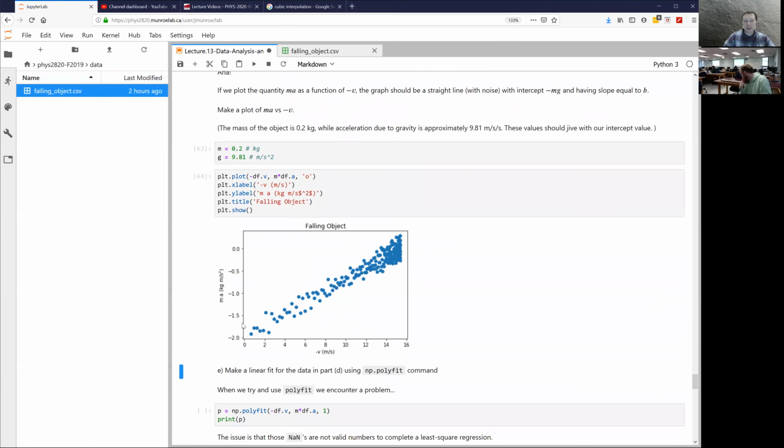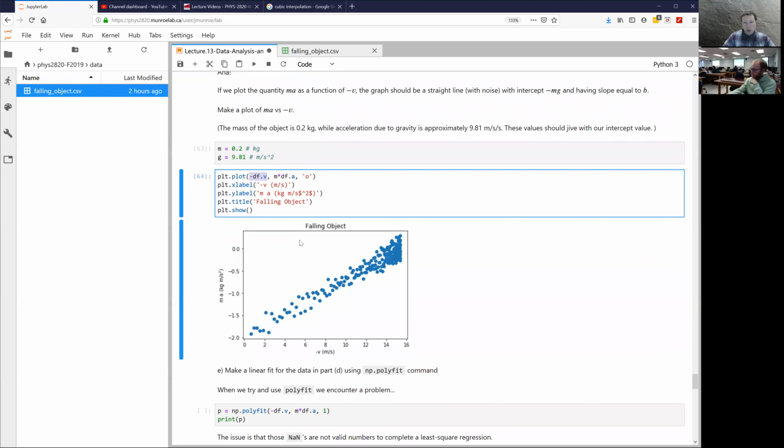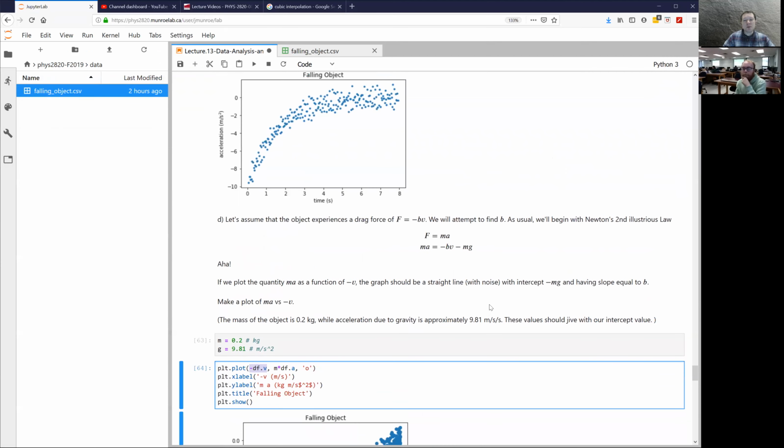Okay, so this is a plot of the data where what I am plotting is minus v on the horizontal axis and m times a on the vertical axis. The reason I'm plotting those two things together is because my physics is saying they should give me a straight line.